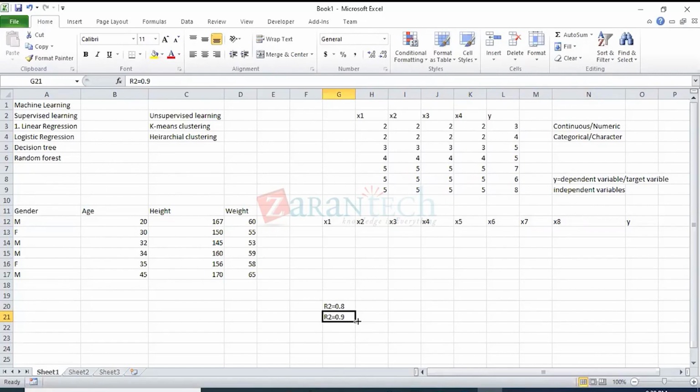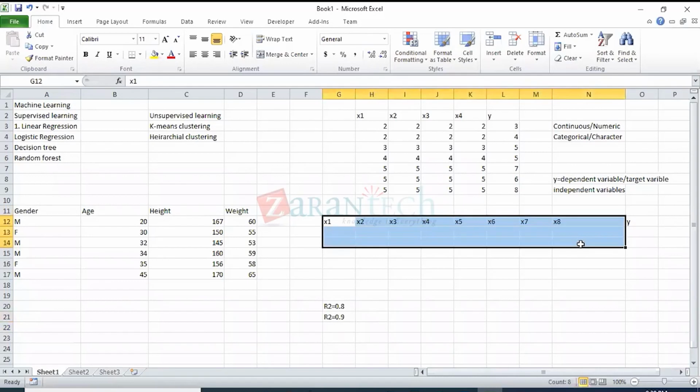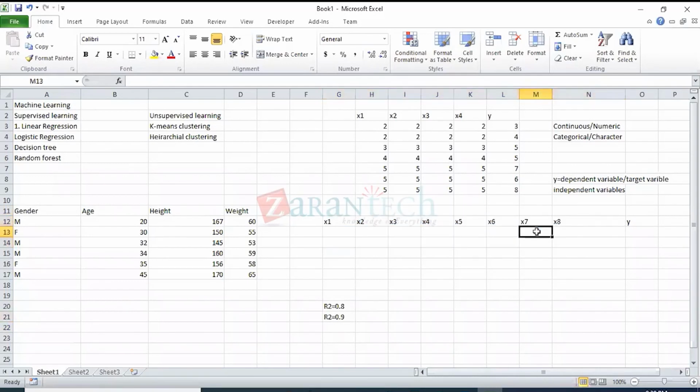So in this case we are misled. Without 7 and 8 my R square value was 0.8. After I included these two variables, my accuracy increased to 90%. So we'll go ahead with all the variables, but in the actual scenario, x7 and x8 are not influencing y at all. They are simply dummy variables in my data set. This is misleading, right? This is a limitation of R square.